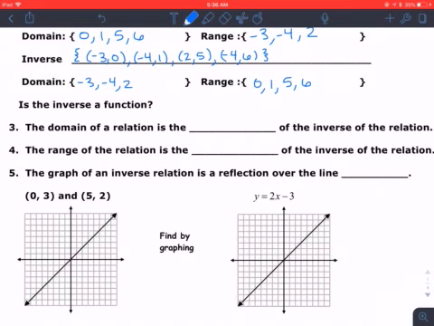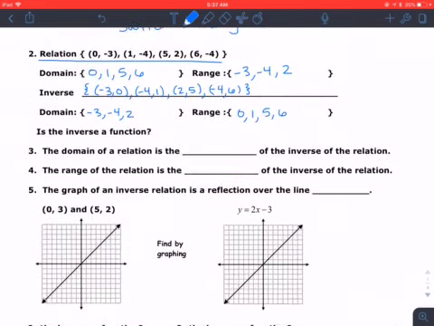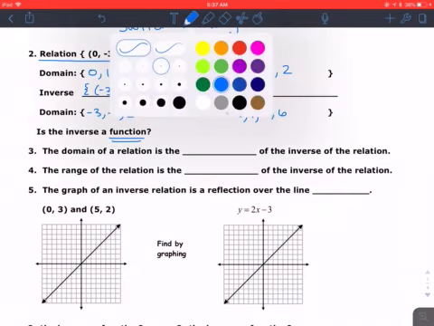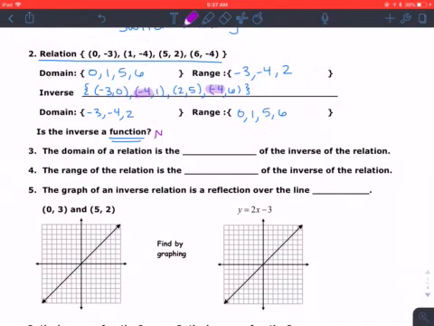Alright, now, is the inverse a function? Now remember, for it to be a function, each input relates to exactly one output, so basically we can't have repeating x values. If I look at my x values, I notice my -4's repeat, so the answer is no, because there's a repeating x value.